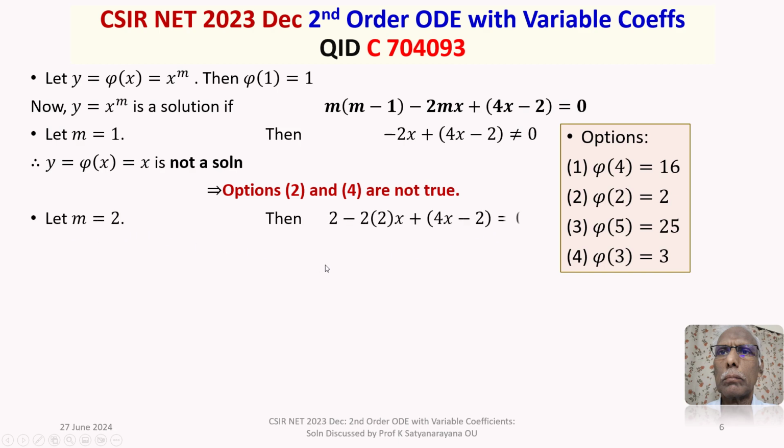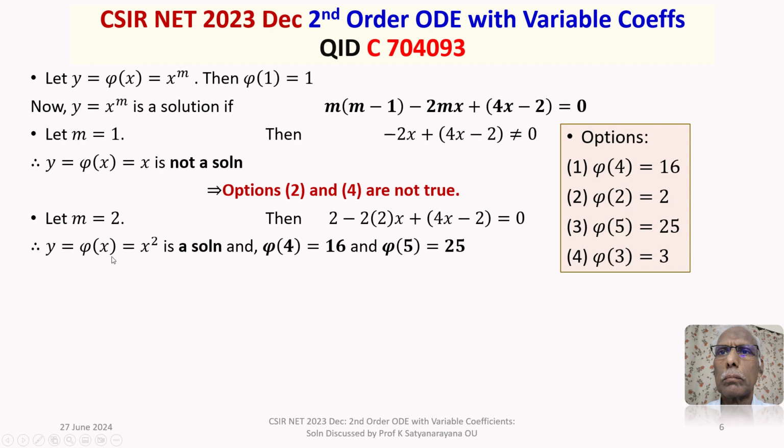Let m is equal to 2. Substitute m equal to 2 into 2 minus 1, 2 into 1 is 2, minus 2 into m is 2 into x plus 4x minus 2. So here you have minus 4x plus 2 minus 2 cancels, and it will be 0. It will be 0. That means y is equal to phi of x is equal to x square is a solution.